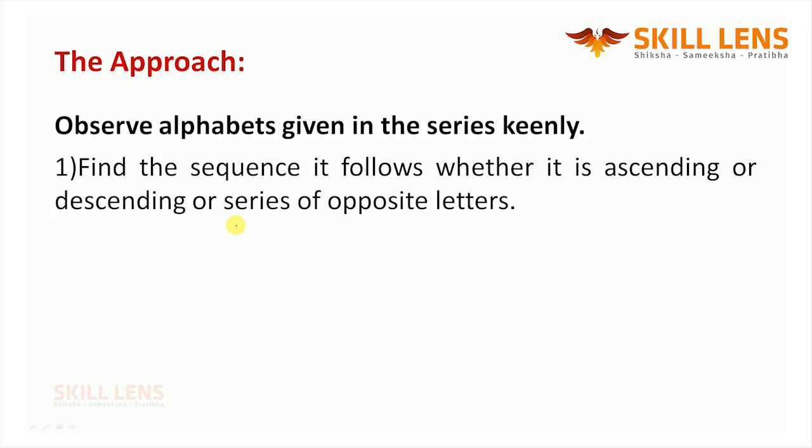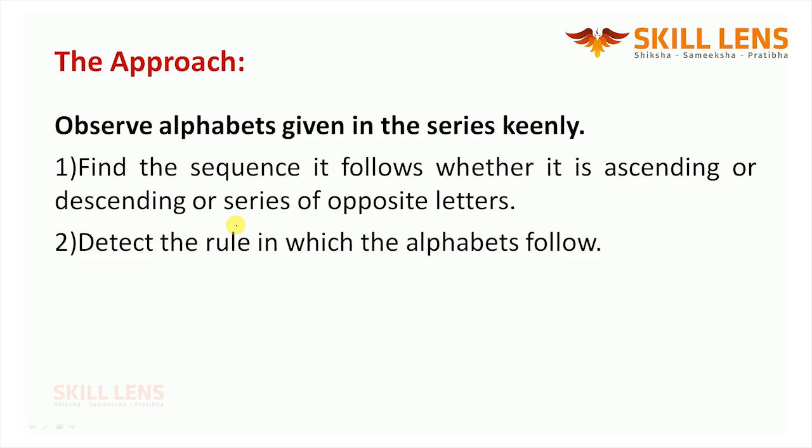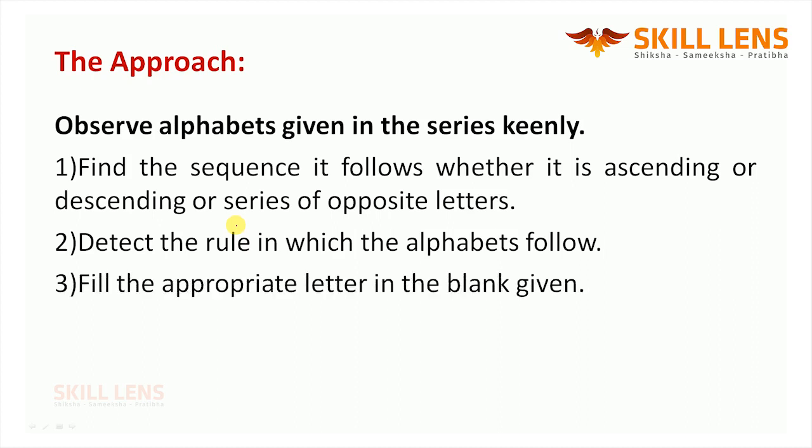You need to understand this very clearly. After that, you have to detect the rule the alphabet is following, and then fill in the given blank with the appropriate letter.